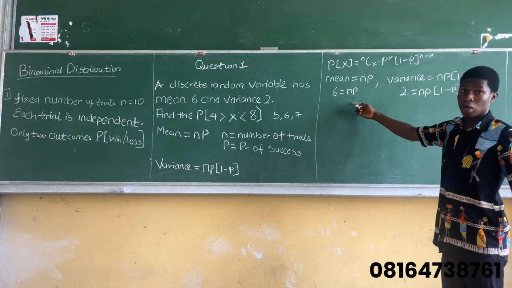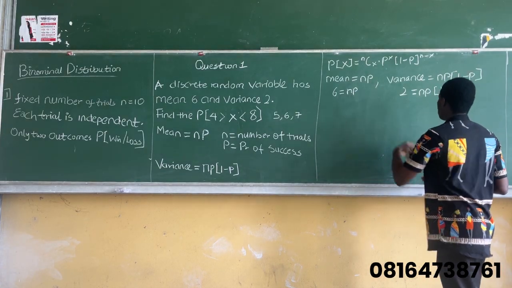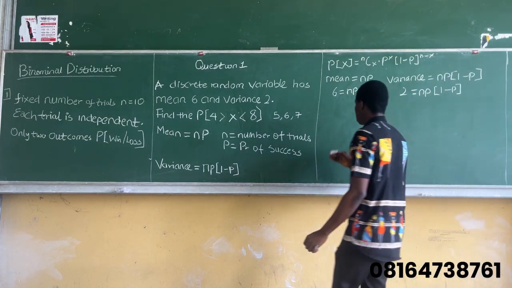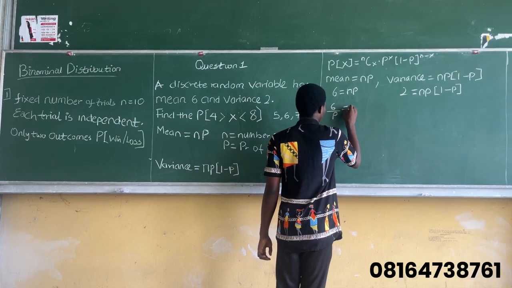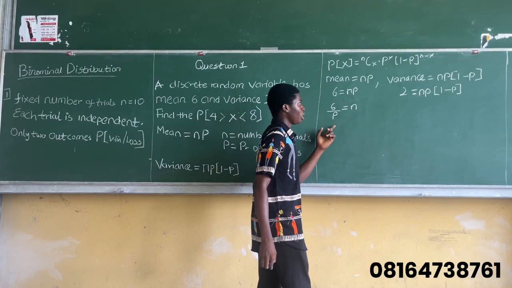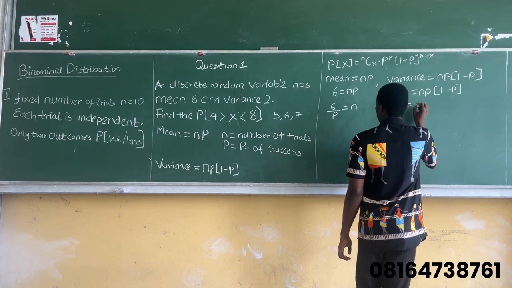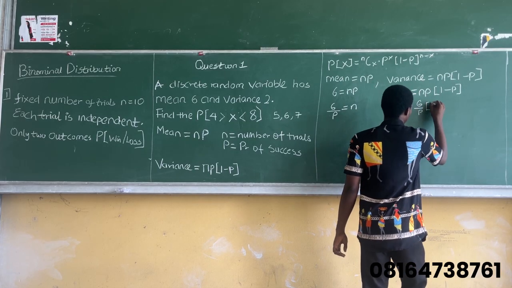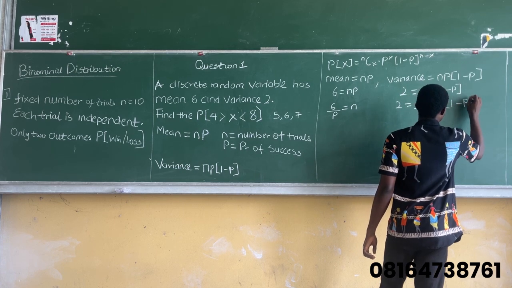From this mean, we can make n or p the subject of the formula and plug it in here to find one of the variables. So let's do that. 6 divided by p is equal to n. We'll then be substituting it into the variance. So 2 is equal to 6 over p, times p, times 1 minus p.